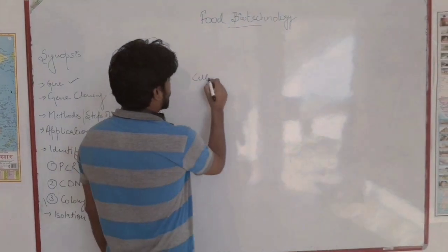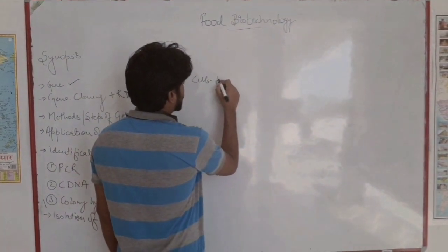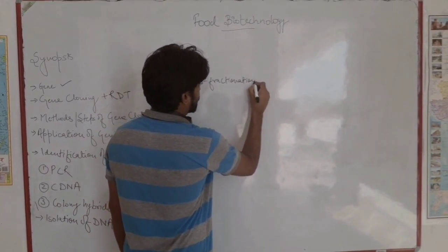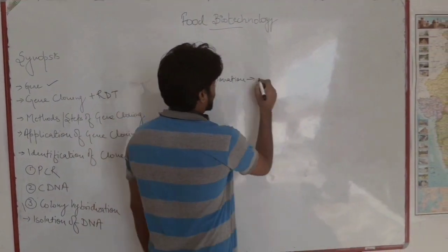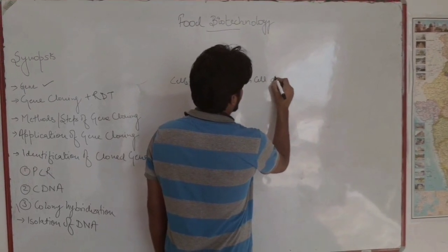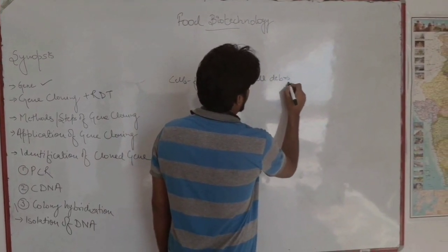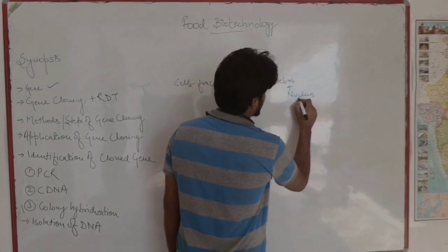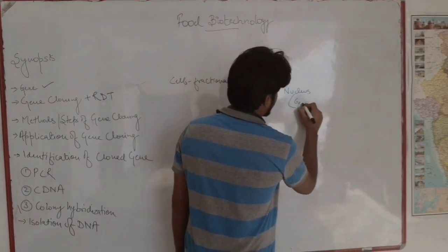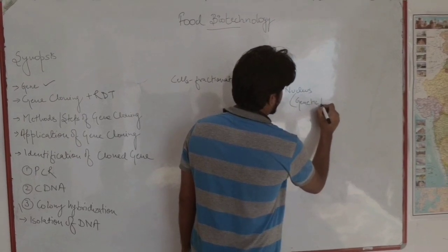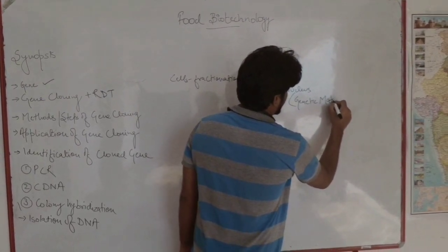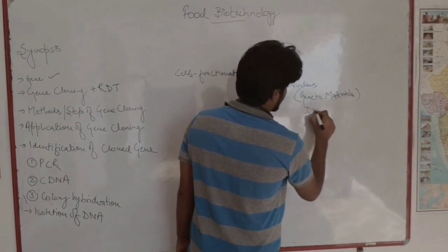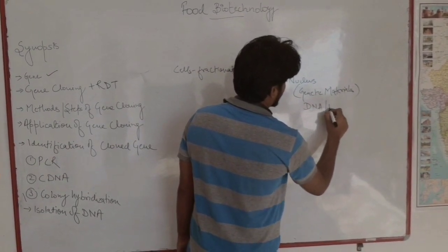When these cells are fractionated by the process of fractionation, they release the cell debris and nucleus. Nucleus contains the genetic material. This genetic material can be either DNA or RNA.